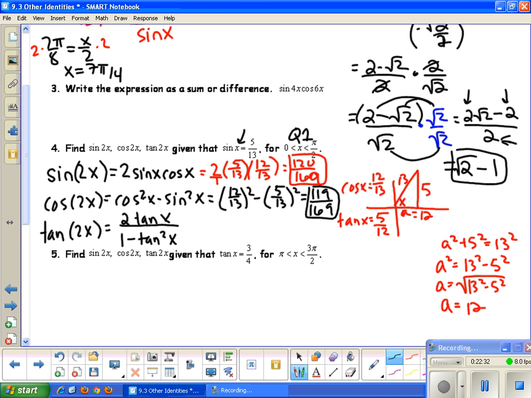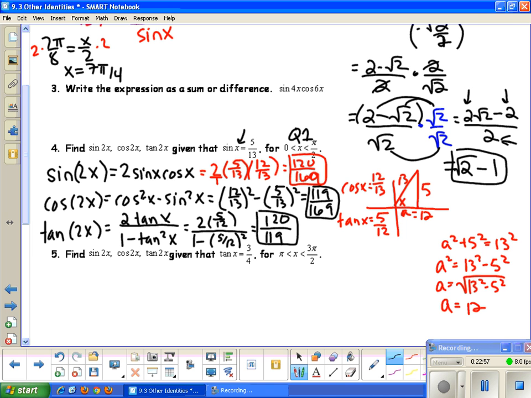For the last one, the tangent double angle, I'm just plugging it into the formula. So 2 times the tangent, which is 5 over 12, divided by 1 minus 5 over 12 squared. When I simplify this using my calculator, I should get 120 over 119.